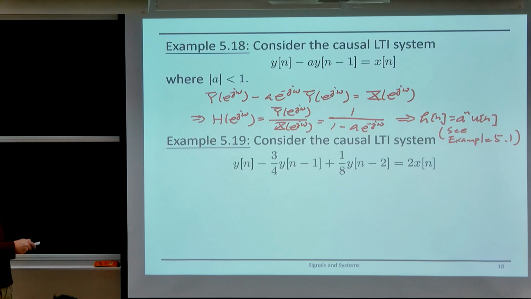All right, so this second example is similar. You could just do the Fourier transform on both sides. If you do that, you can find the frequency response to be something like this: 2 over 1 minus 3 over 4 e to the minus j omega plus 1 over 8 e to the minus j 2 omega.